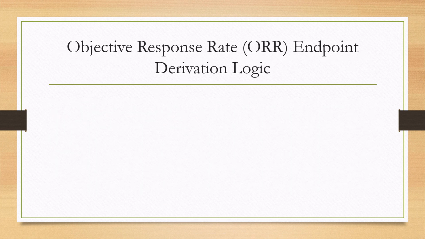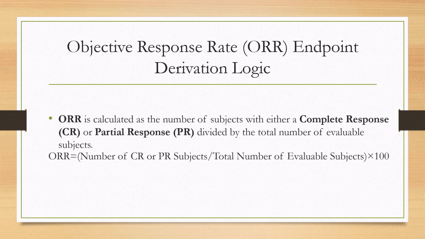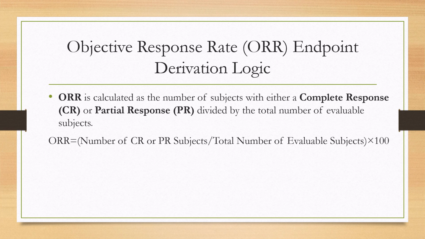The next is the overall response rate endpoint, and let's see what's the derivation logic for this. As already discussed earlier, the ORR, which is the objective response rate, is calculated as the number of subjects with either a complete response or a partial response divided by the total number of evaluable subjects.